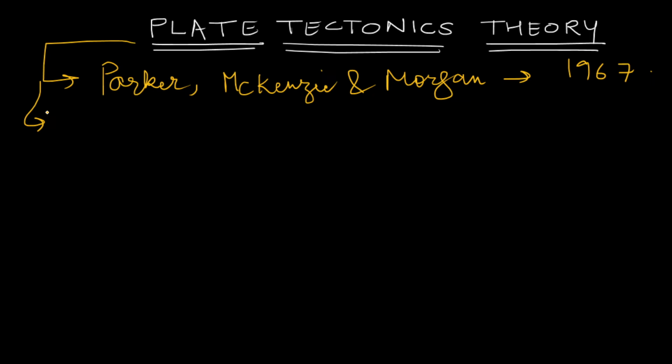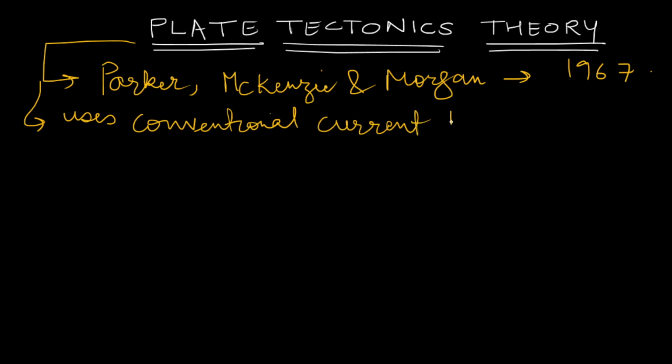We have already discussed convection current theory, so if you don't know, please do revisit that video. You will know the concepts of convection current. So it uses convection current theory to explain its movements.